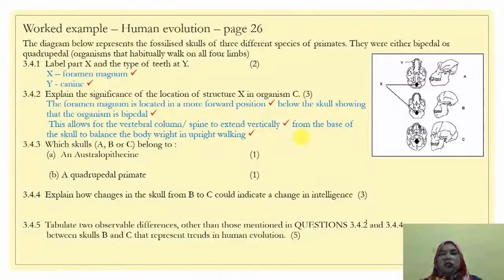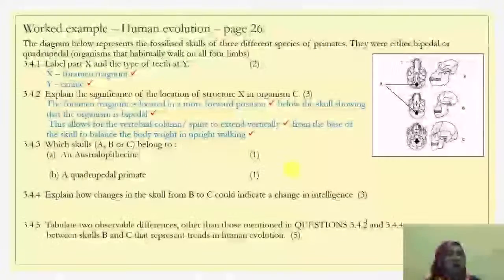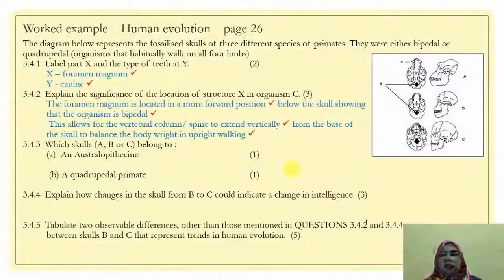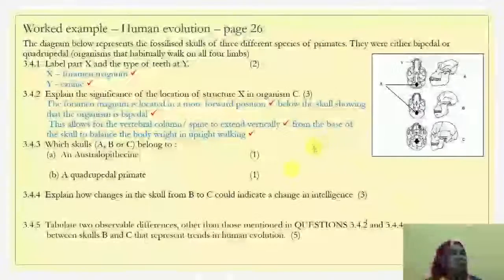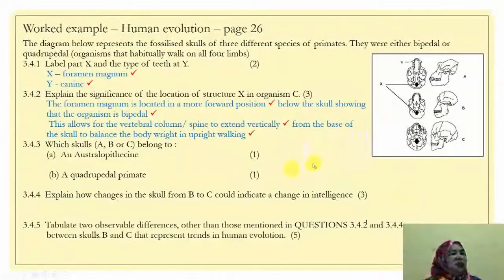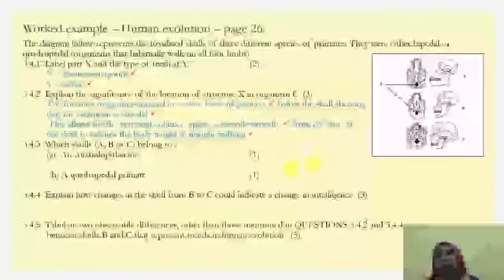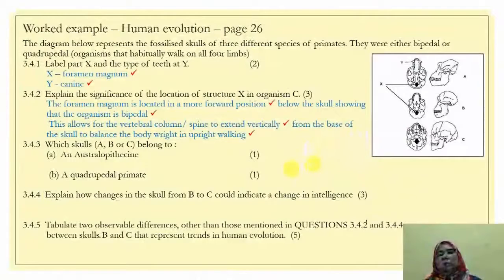Let's go on. Which skulls A, B or C belong to the Australopithecines? So we've got Australopithecines as being, some answers are B, and the quadrupedal primate.